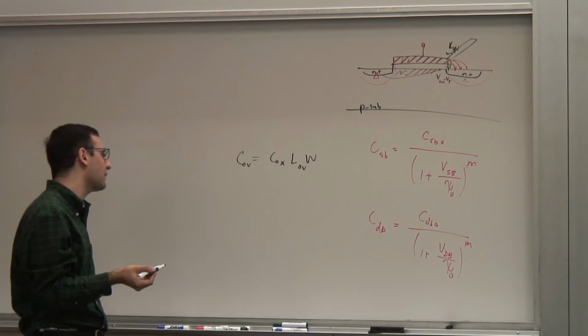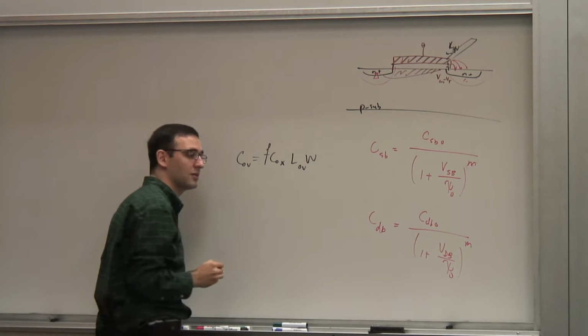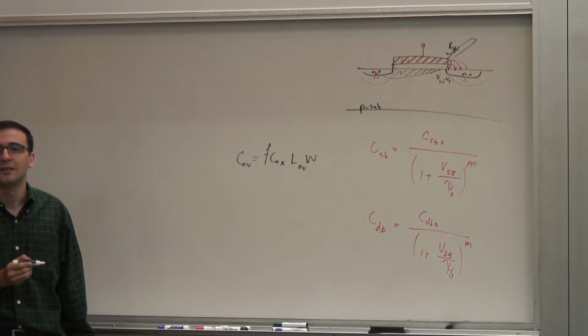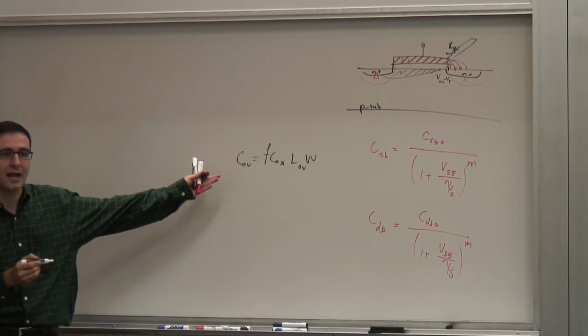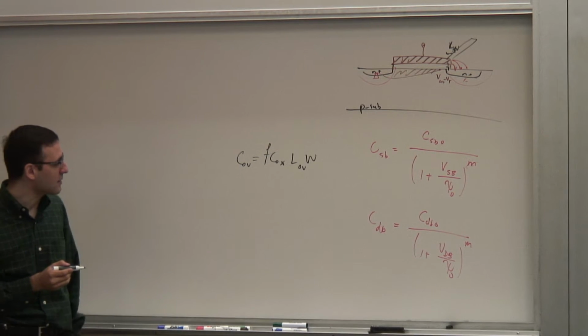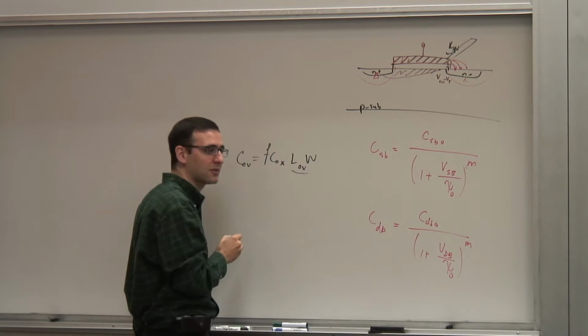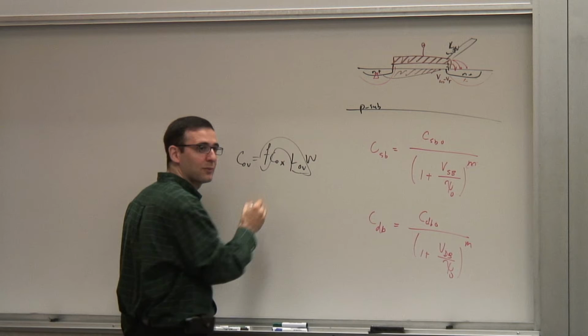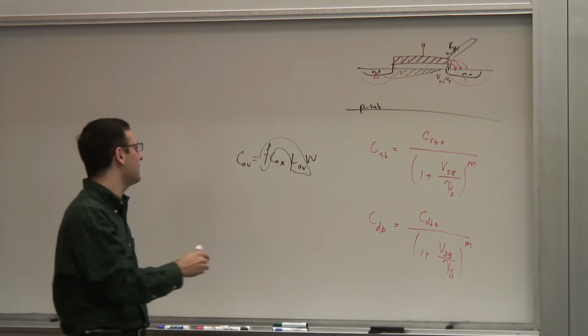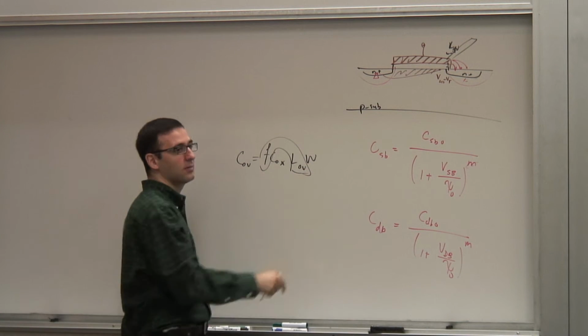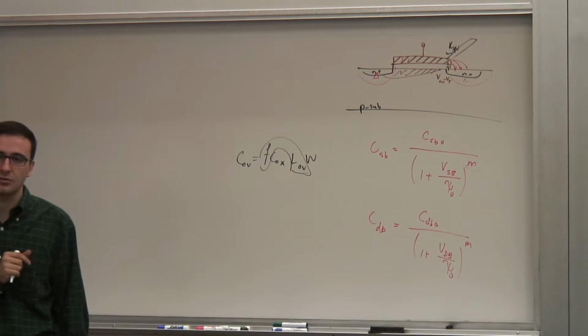Now if I want to take a fringe into account, I can have a fringe factor, fudge factor really, to account for that, some additional capacitance. But the way we usually do it, we actually make this L overlap the fudge factor. So we absorb that into the L overlap. When I give you an L overlap, it means that if we calculate Cox times L overlap times W, that would be the total capacitance that you get.